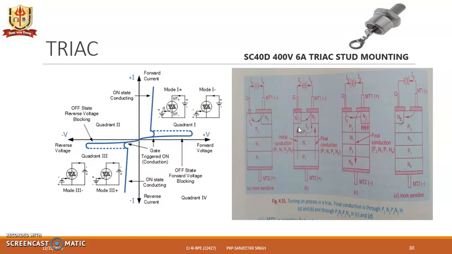So for these 4 modes of operation, we have here in the VI characteristics represented these circuit arrangements and biasing, and we find that the VI characteristics is symmetrical in the first quadrant and third quadrant. So it is bidirectional and similar to the characteristics of the SCR. It is desired to be operated in the first and the last, the 4th, mode.